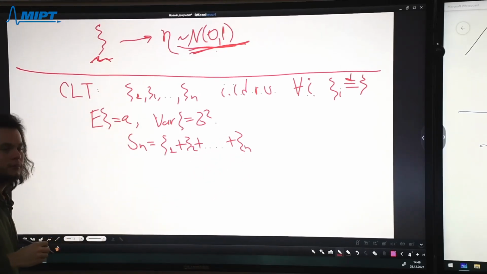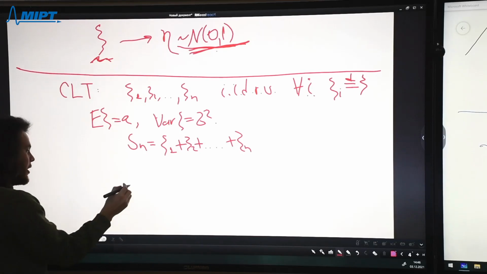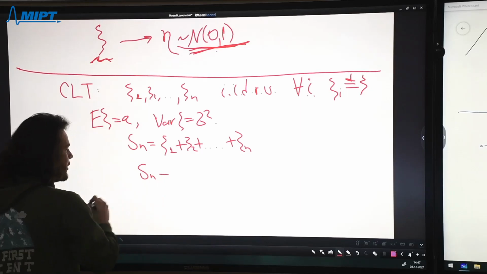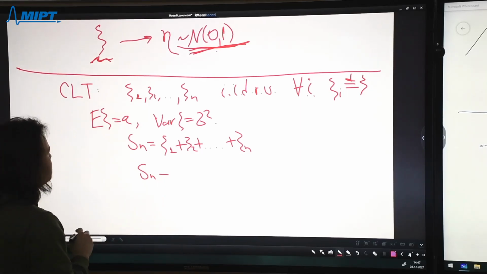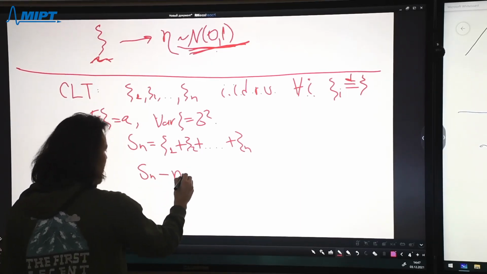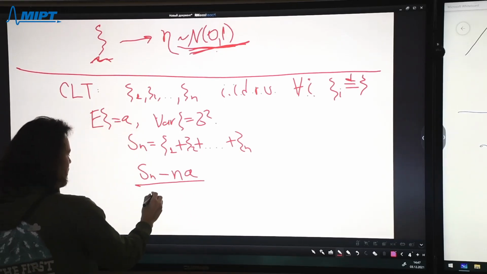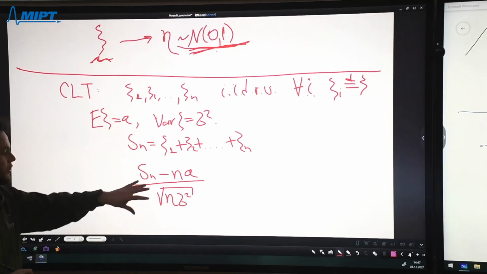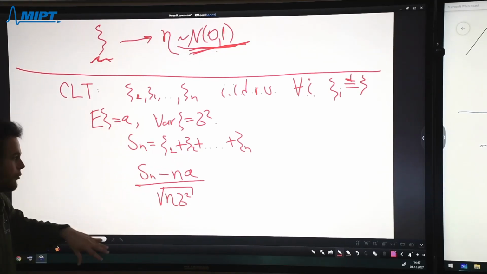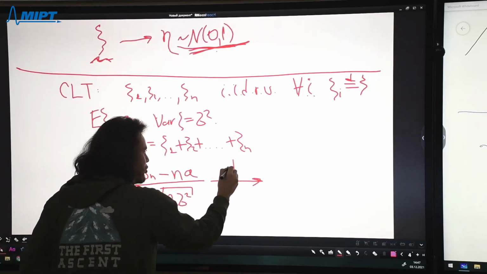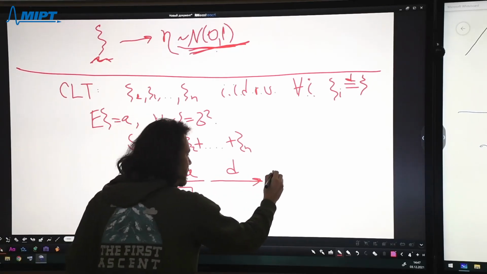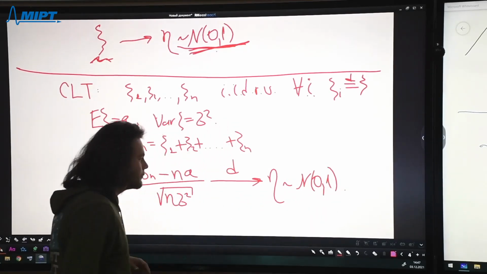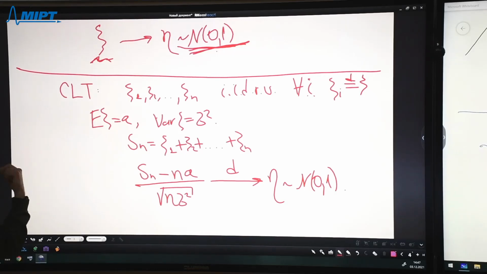So we sum up everything, and then we state that Sn minus n times A, over the square root of n sigma squared, this new random variable, converges in distribution to some random variable eta, and eta has normal distribution with parameters 0 and 1. This is the central limit theorem, all right?